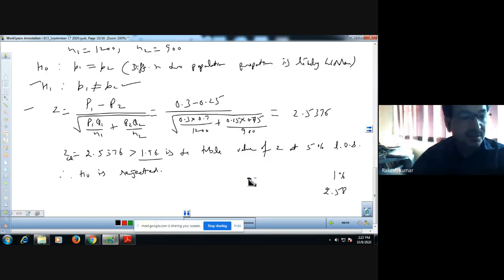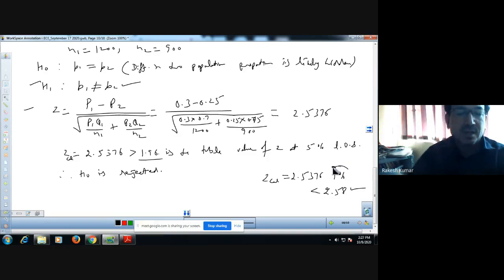So if the question comes for 1% level of significance, the value 2.5376 is less than the table value at 1% level of significance. So at 1% level of significance, this null hypothesis is accepted.